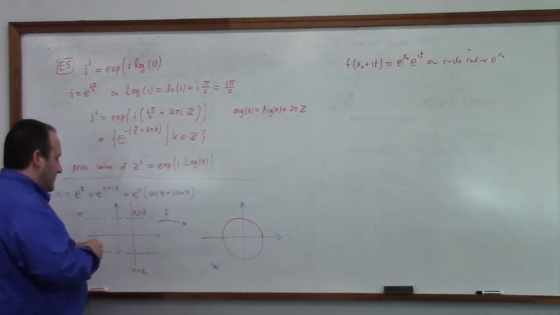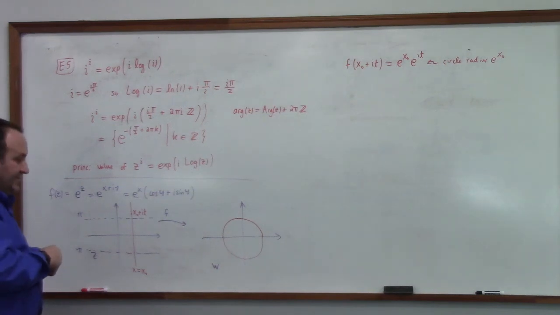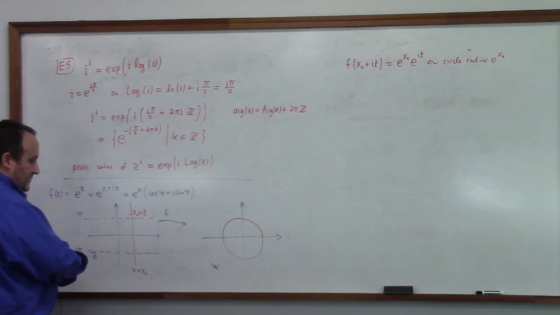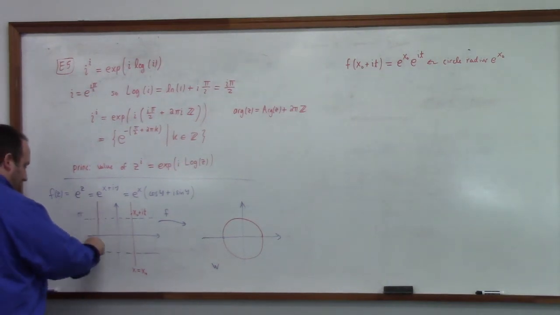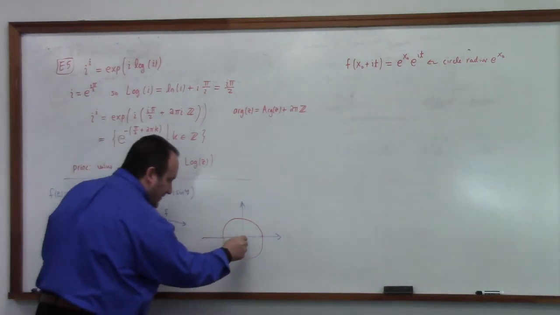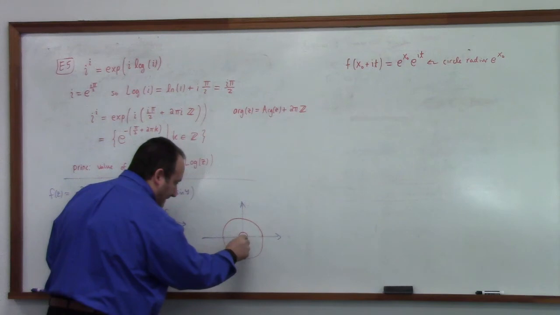And what happens if you take a different x naught? As you get over here, x1, then you're getting closer and closer to the origin.